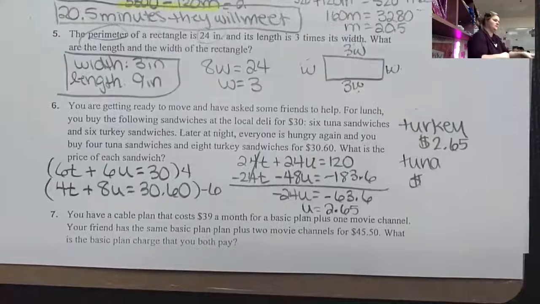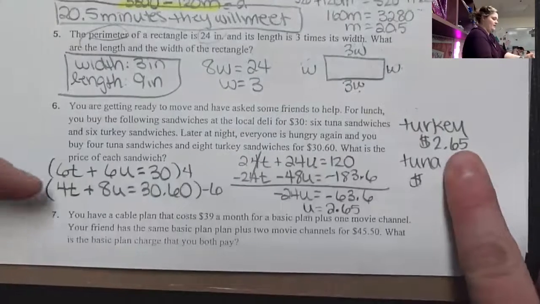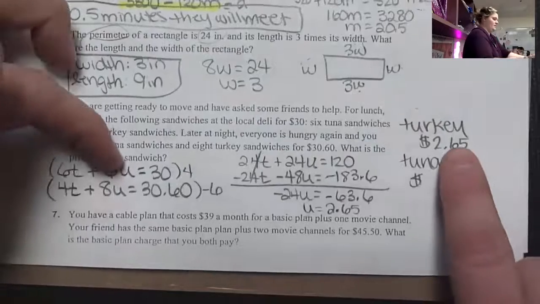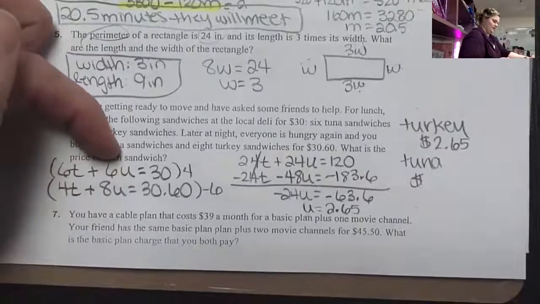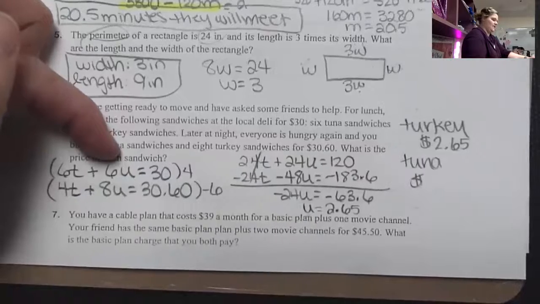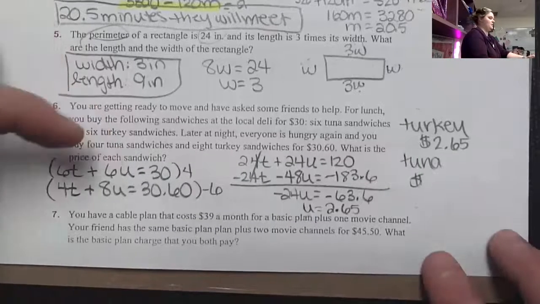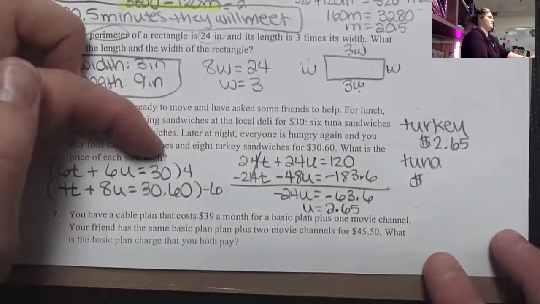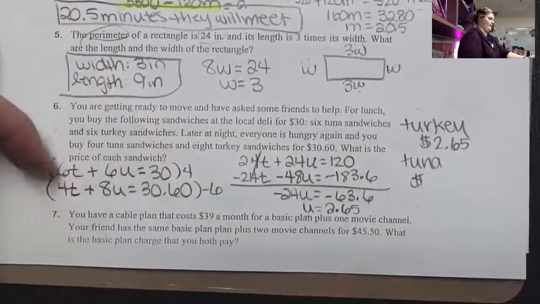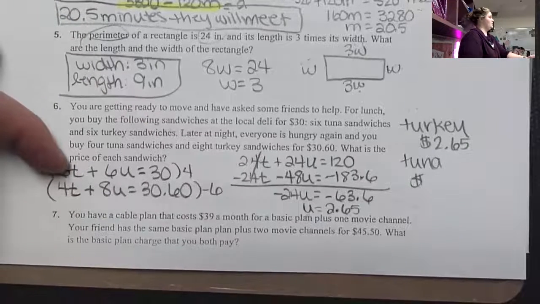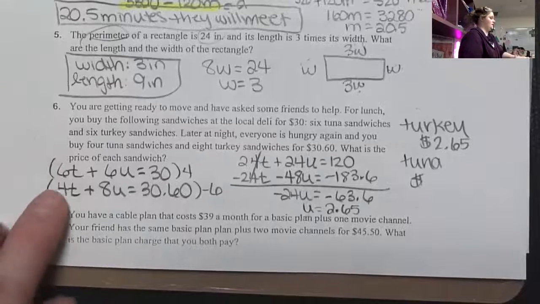Okay, so a lot of this can be done straight in your calculator. So you know 265 for a turkey. So I have to take 265 times what? 6. So do that in your calculator. So 265 times 6, that's 1590. What am I going to do with the 30? Minus that from the 30. And then divide it by what? 6, because I put it in the top one.